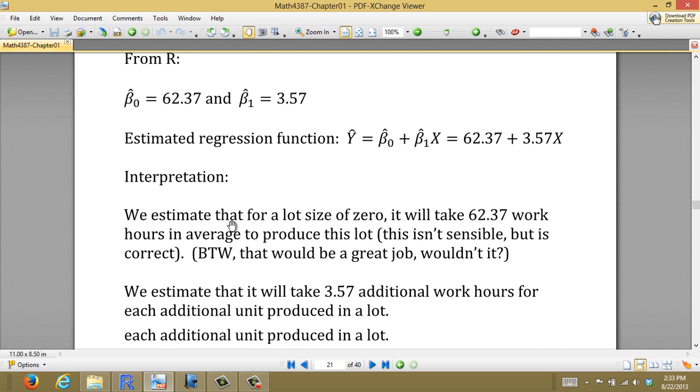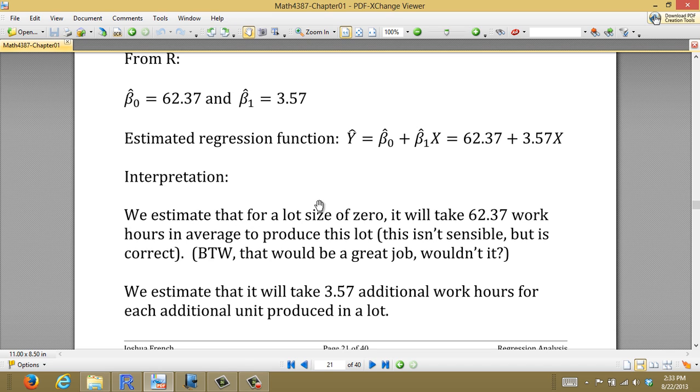And just to interpret what this actually means, we'll first interpret beta naught hat. We estimate that for a lot size of 0, it will take 62.37 work hours on average to produce that lot. Of course, this makes absolutely no sense whatsoever, because if the lot size were 0, the number of hours it would take to produce that lot would of course be 0 hours. However, that is the correct mathematical interpretation of the estimated beta naught parameter.